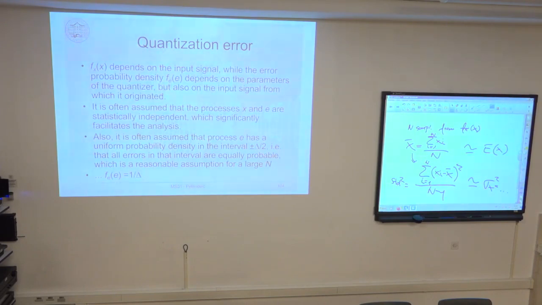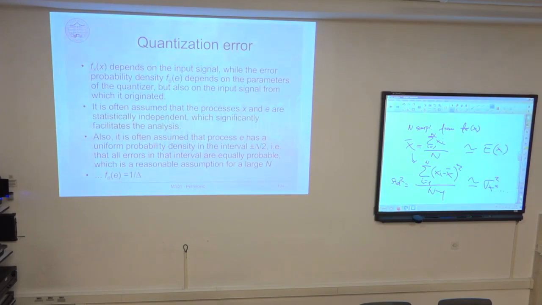And if the signal is, I would say, lively enough, if it goes through all the levels of the AD converter, more or less if it behaves randomly, then this error would be of equal probability in the range of minus to plus half of the step size. So it will have a uniform distribution of the error, and this uniform distribution of the error, of one step size plus minus 1/2, is independent of the signal itself.